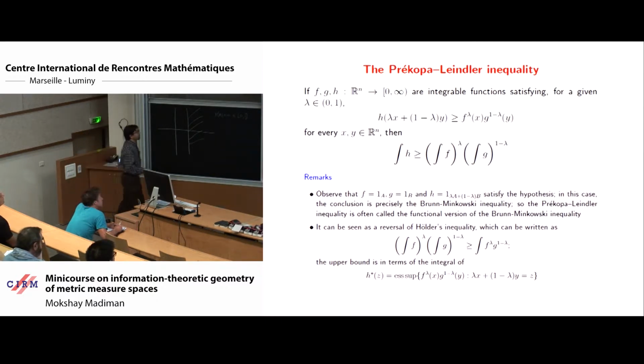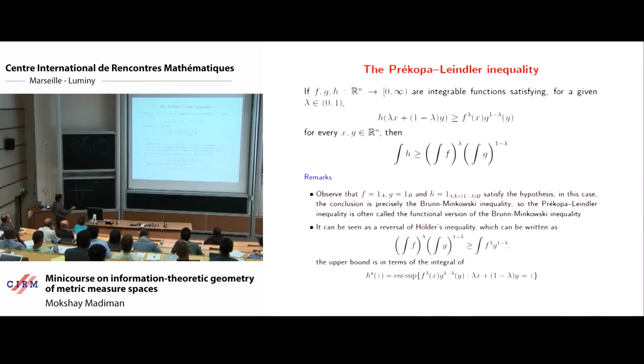Why is that? With this choice of functions, what do I need to check if this inequality is satisfied? These functions only take the value 0 and 1. So I only need to check when the right-hand side is 1, because otherwise it is 0.